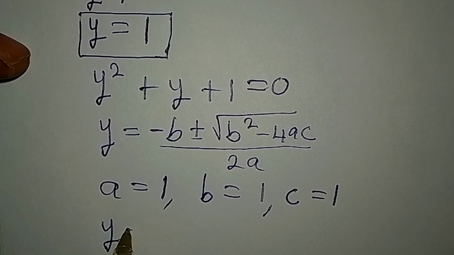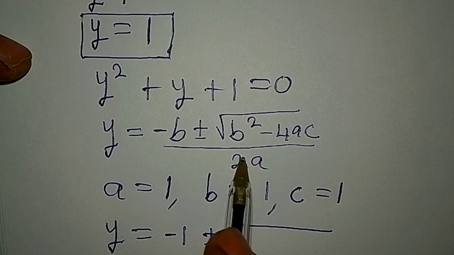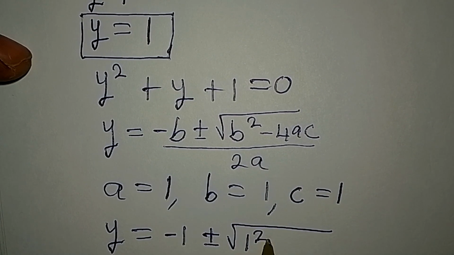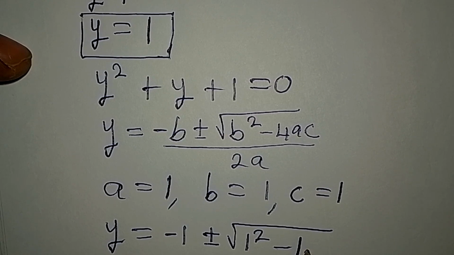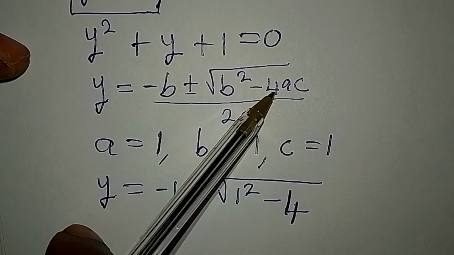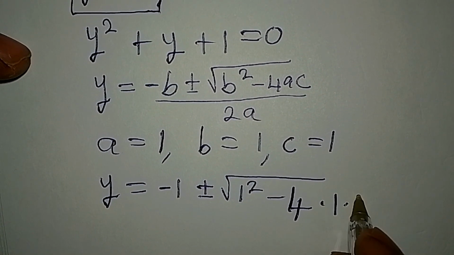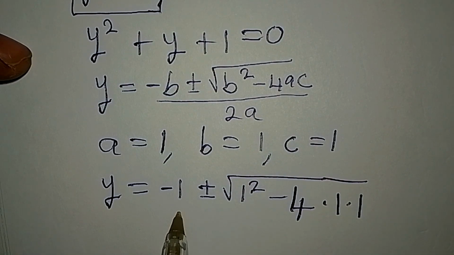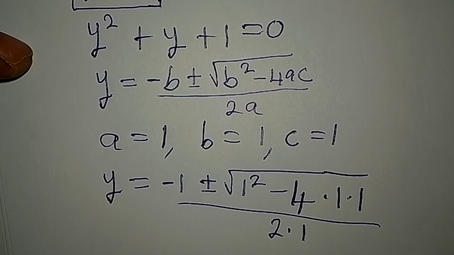Now y will be equal to minus 1. So in place of minus b, I'll write minus 1 plus or minus, then we have 1 squared because b is still 1, minus 4, right? Because we have 4 in the formula, multiplied by a, which is 1, multiplied by c, and it's also 1. So the whole of this will be divided by 2 times 1.